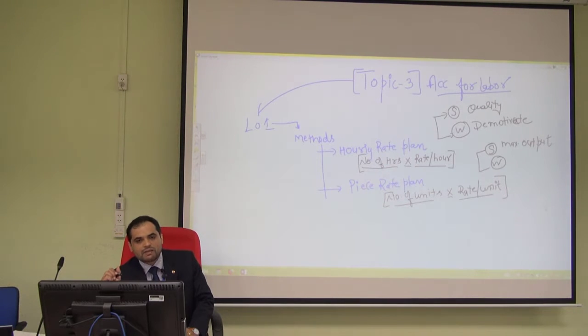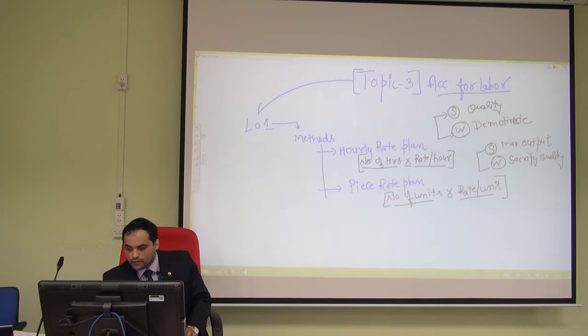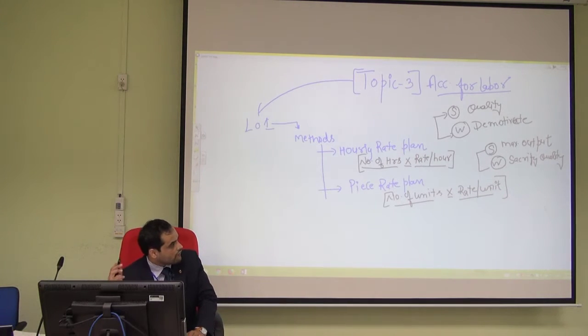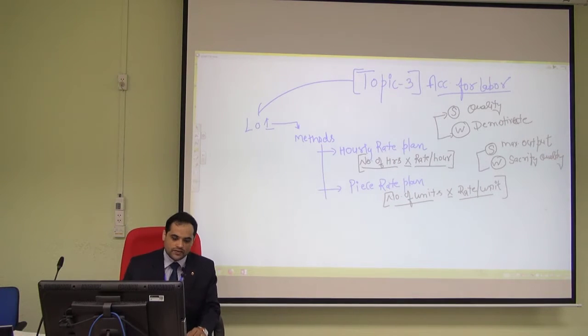But the weakness of this method is that it may affect the quality of the product. So the quality of the product may be sacrificed, because the workers are working on the product, and the company is paying them money per product.